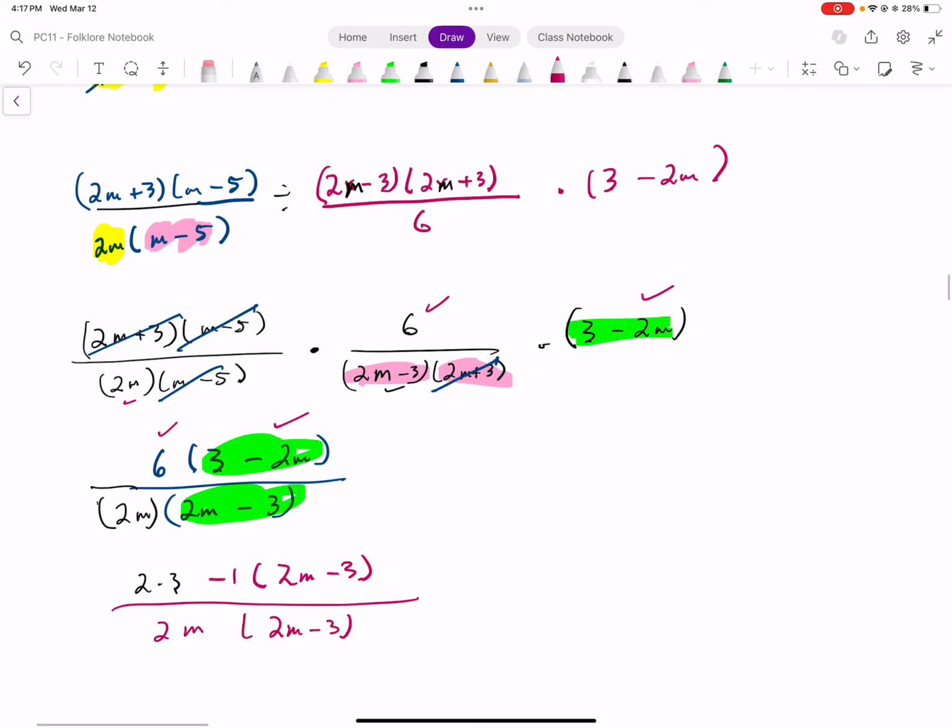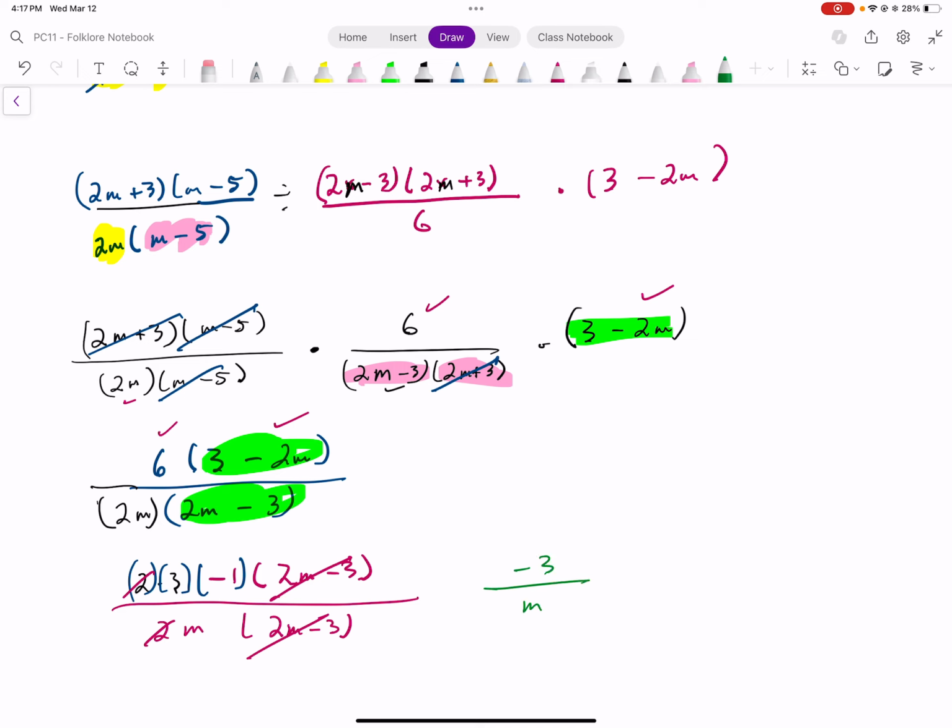It might help if I just put my numbers in brackets. Is that better? So I have a factor of 2 in both top and bottom. Cancel each other out. Now I have a factor of 2m minus 3 that I can cancel out. What factors are left in the top? 3 times negative 1. You could leave it at that, it's in factored form. Negative 3 over m.